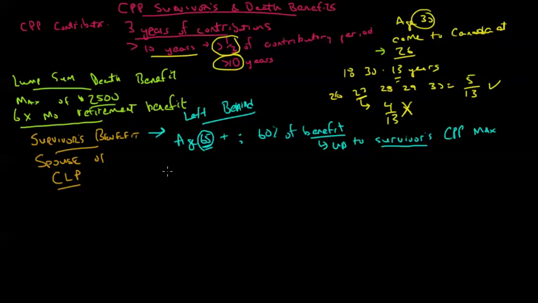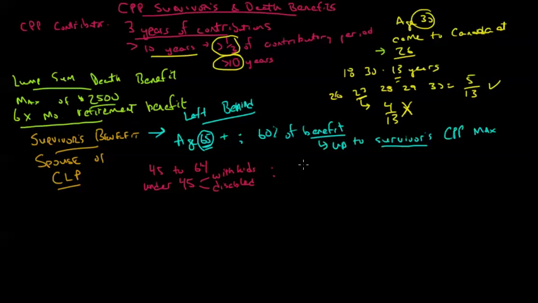Then we have somebody who is between 45 to 64, not yet 65, and there's a second group that fits in here, and this is under the age of 45, but meeting one of two criteria: they're raising a child together, so under 45 with kids, or under 45 and this person themselves is disabled, meets the CPP criteria for disabled.